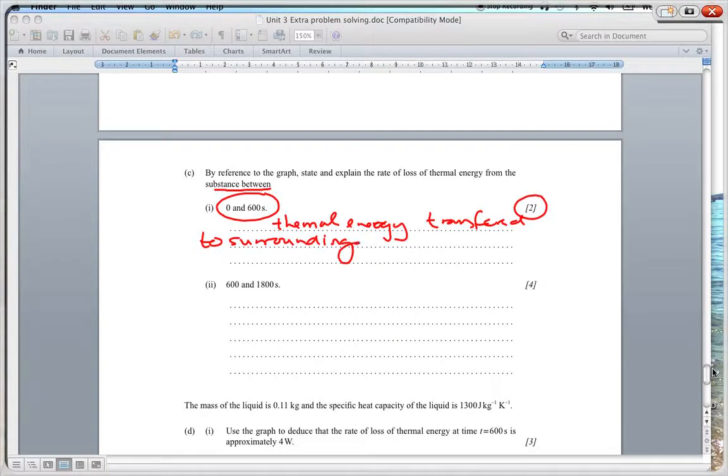As you notice there, the curve is changing at a decreasing rate. It's at its greatest at that time. It's at its greatest loss in this period, basically because the temperature difference is at its greatest.